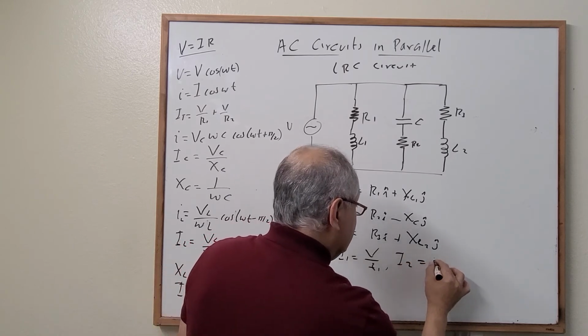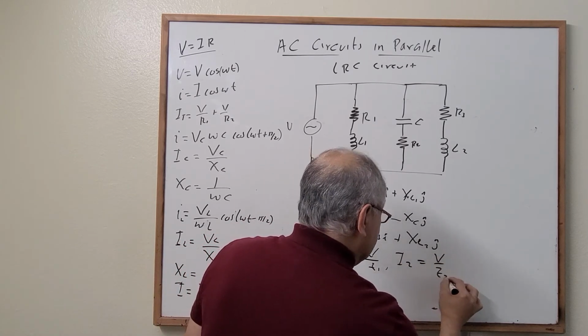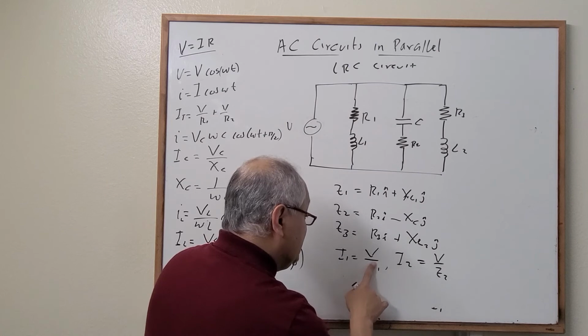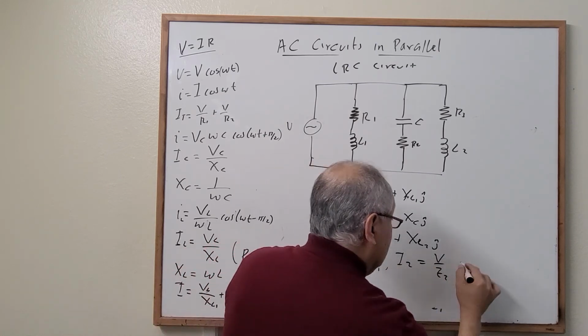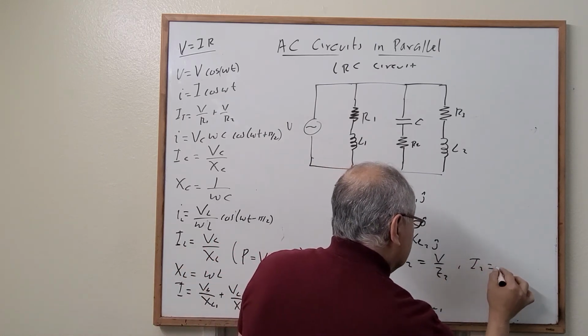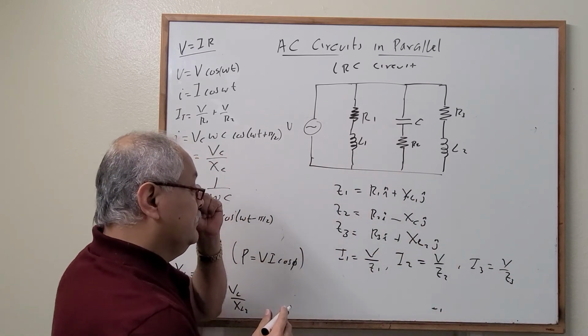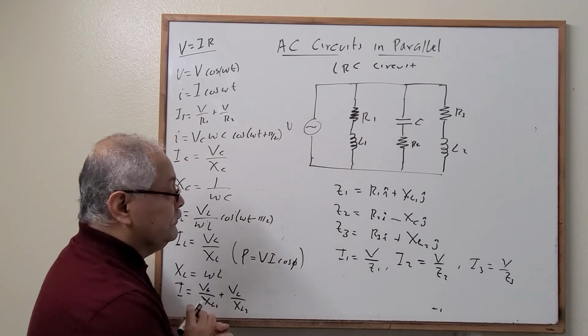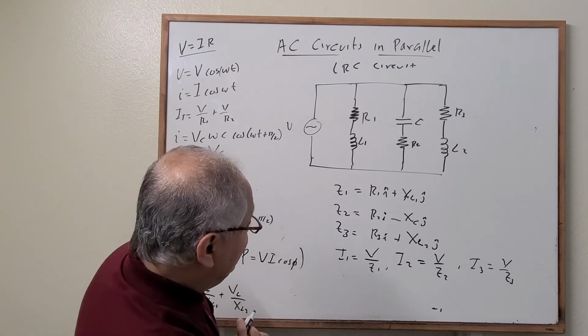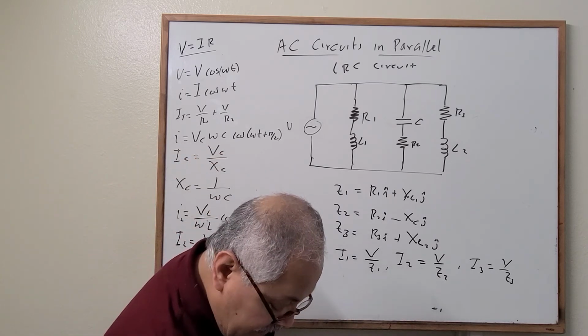Current 2 is equal to V over Z2, correct? And current 3 is equal to V over Z3. Correct?